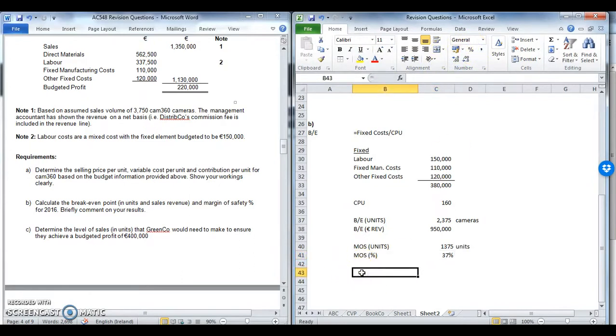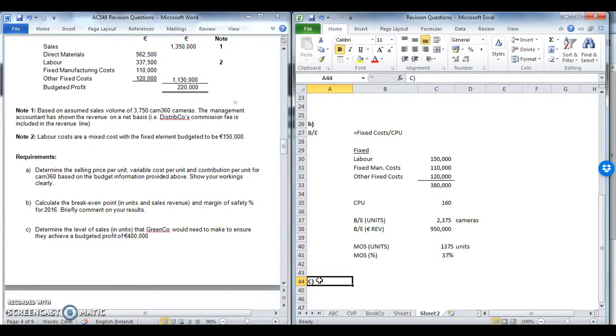So when you're asked to briefly describe or comment on your results, I'm essentially looking for a comment to say sales revenue can fall, or the number of units can fall by 37% before Cam 360 breaks even. So that's a very insightful comment to make, because that gives you an idea of the buffer that's there based on the current volume forecast before this thing becomes loss-making. Right. So that is part B in terms of break even and margin of safety.